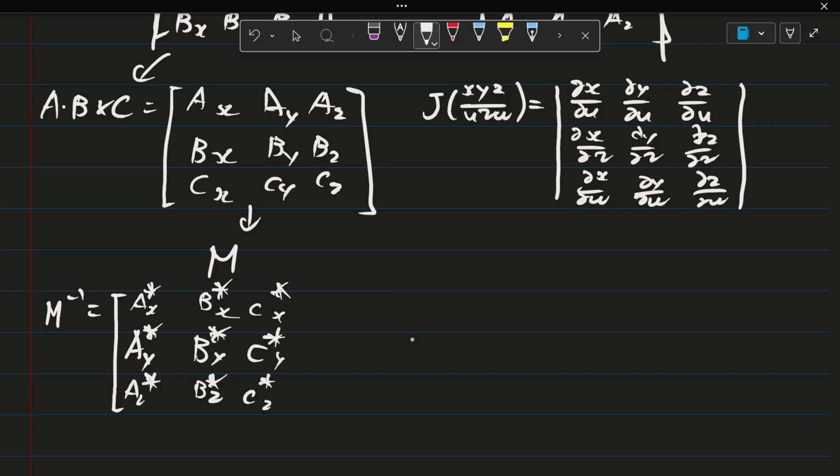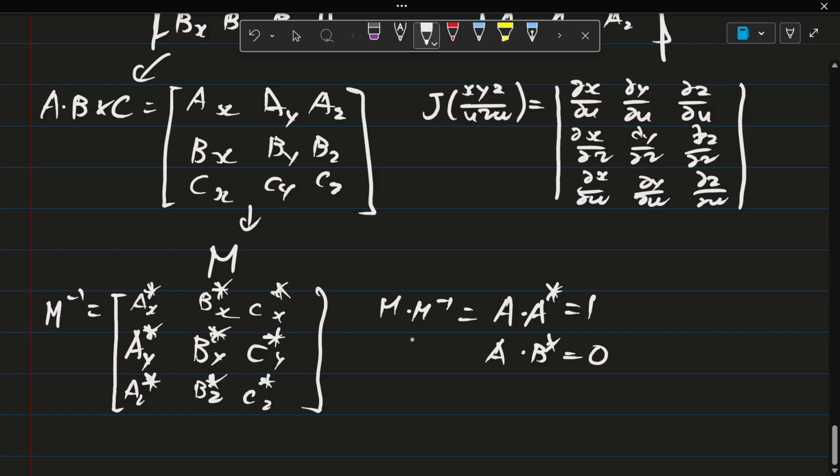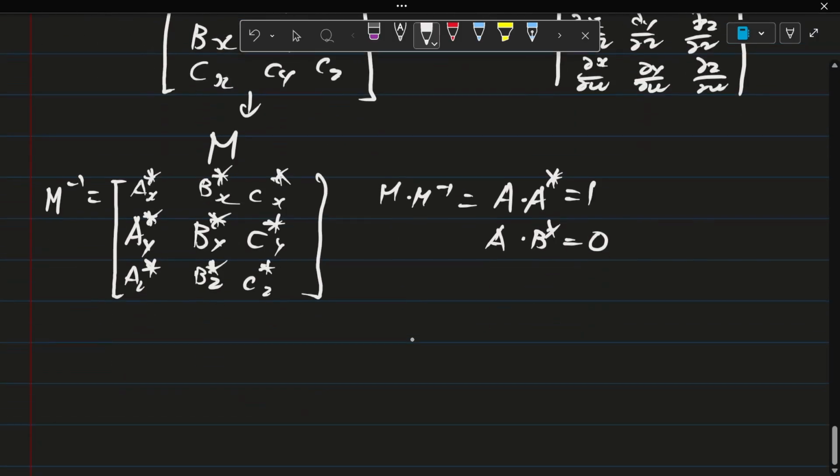There we go. If we define two matrices like this and then we do M dot M inverse, what we could see is that A dot A star corresponds to 1, and then A dot B star, etc. corresponds to 0.